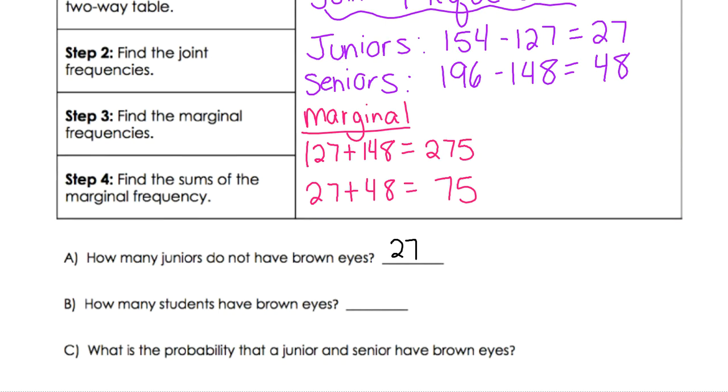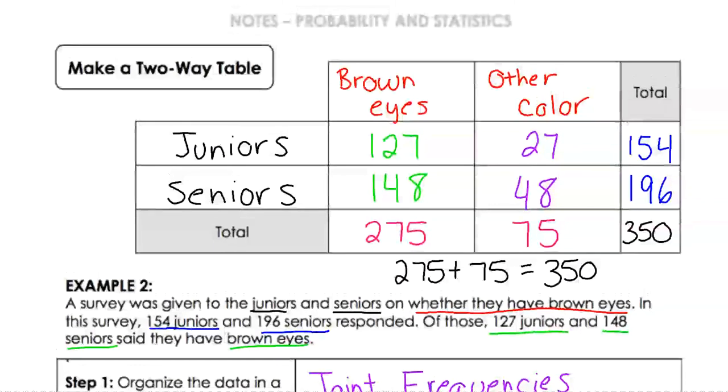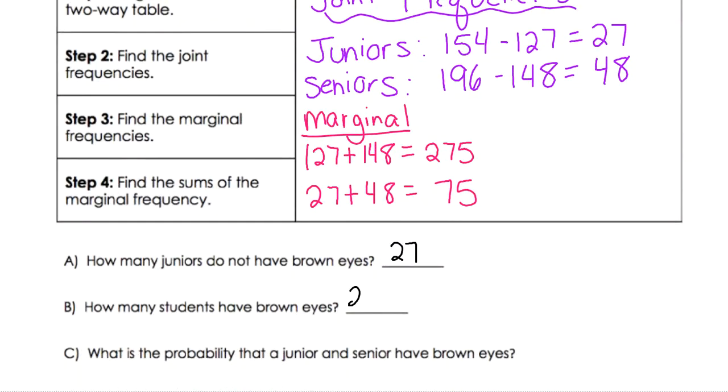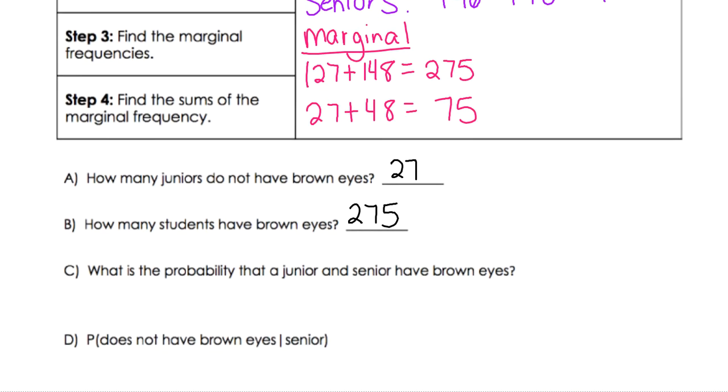B is asking me how many students do have brown eyes. If I look at my total for brown eyes, we can see that's 275 students. All right, and then like before, for part C and D, it's asking us the probability of some things happening. C is asking us the probability that a junior or senior has brown eyes.